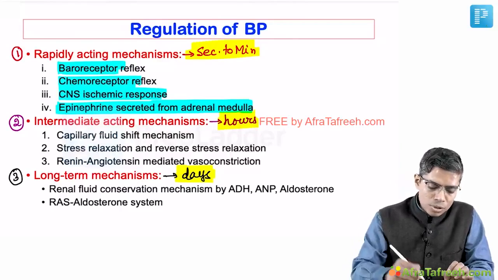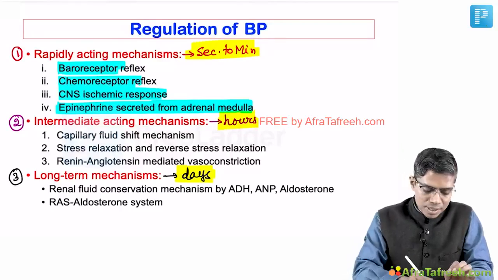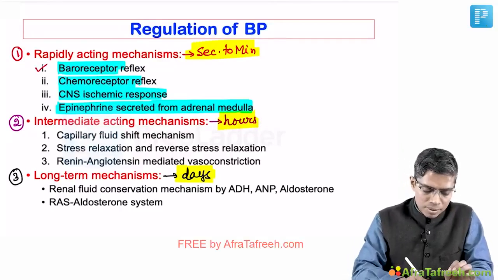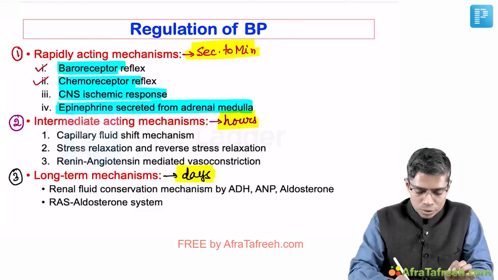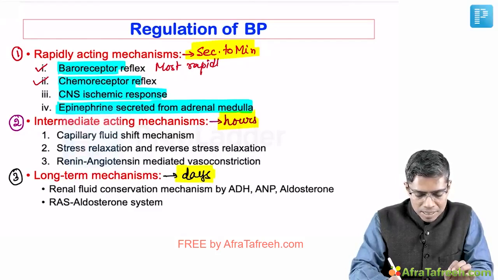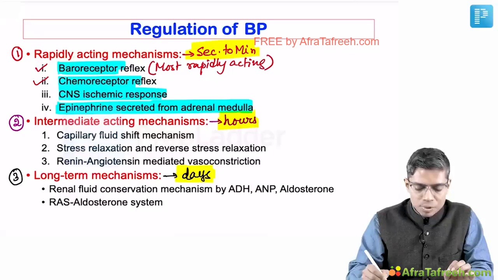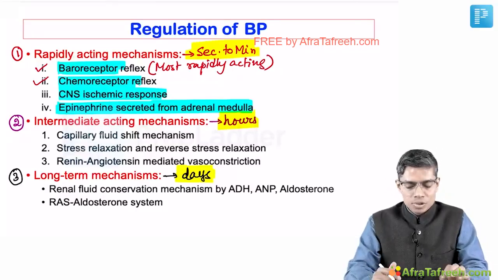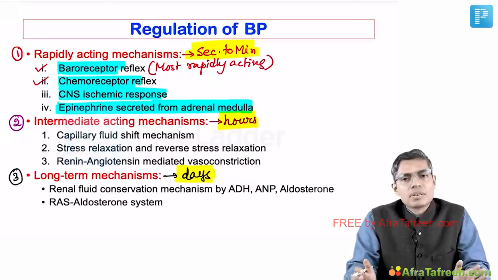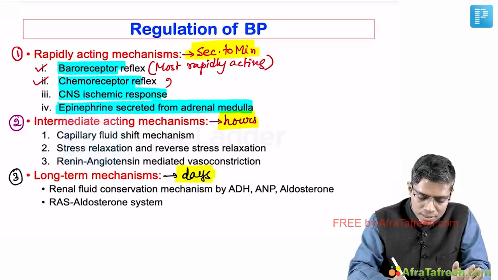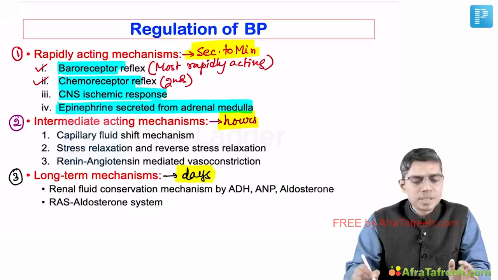But the question is, which one is the most rapidly acting mechanism? So obviously the baroreceptor, followed by chemoreceptor. Okay, so this baroreceptor reflex mechanism is the most rapidly acting mechanism. Within 5 to 8 seconds it starts working, followed by this chemoreceptor reflex mechanism.